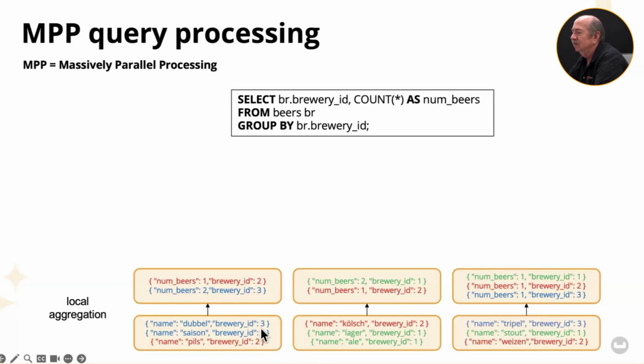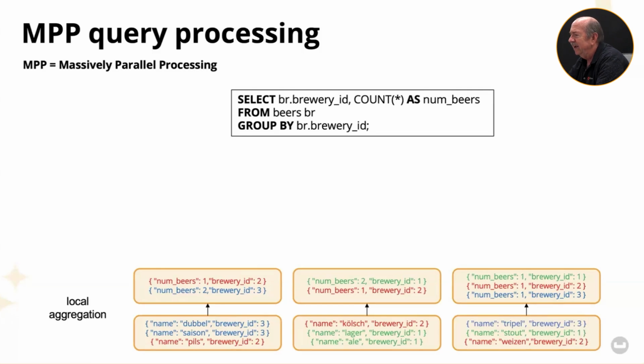At this node, brewery 3 has 2 beers and brewery 2 has 1 beer. Similarly, at this node, brewery 1 has 2, and brewery 2 has 1. And at this node, brewery 2 has 1, brewery 1 has 1, and brewery 3 has 1.